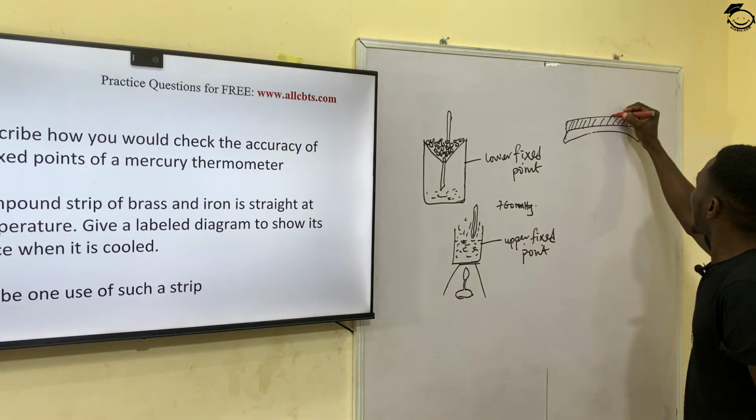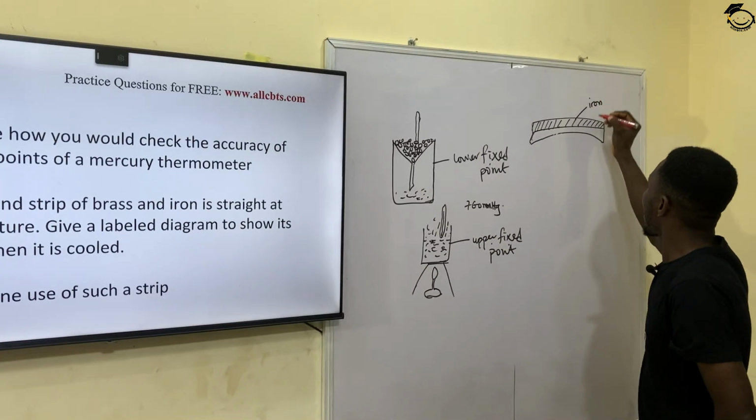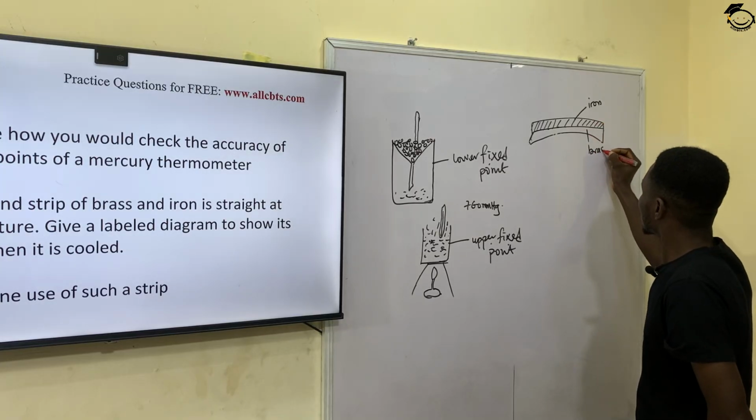Your iron will still be straight. So this is iron and this is brass.